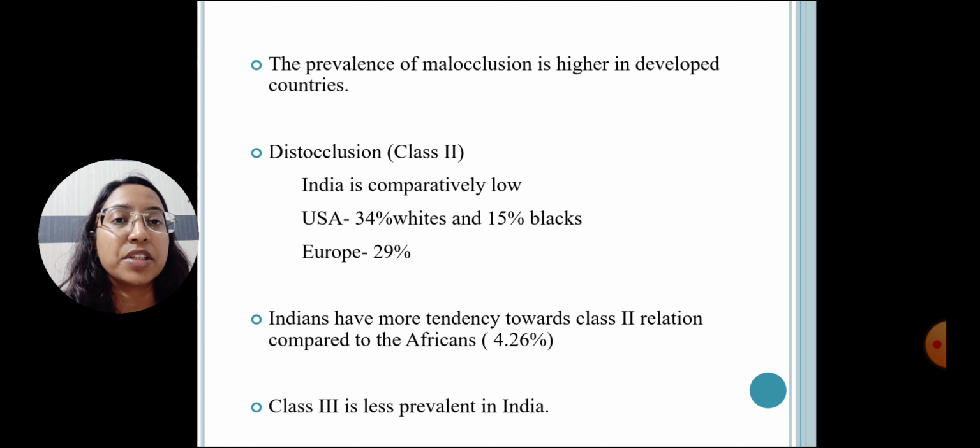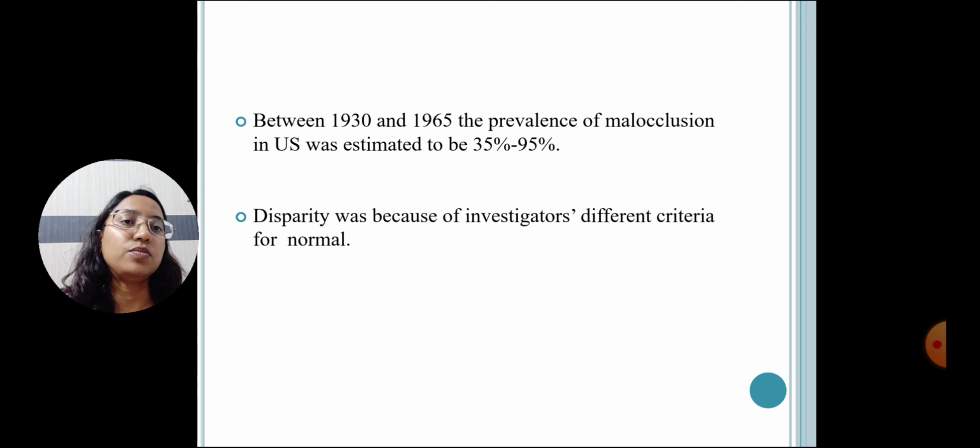In comparison to Europe, 29% of the population shows class 2 malocclusion. Whereas if we compare Indian prevalence to the African nations, the Indian population has a tendency towards a higher rate of class 2 malocclusion compared to Africans, where there is only 4.26% prevalence. Similarly, even class 3 is less prevalent in India compared to other Asian countries.